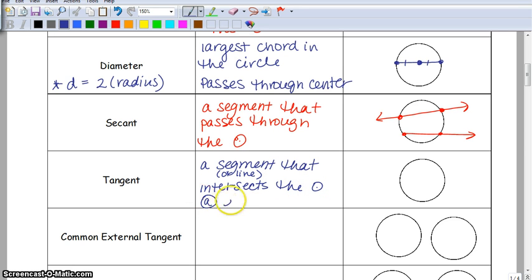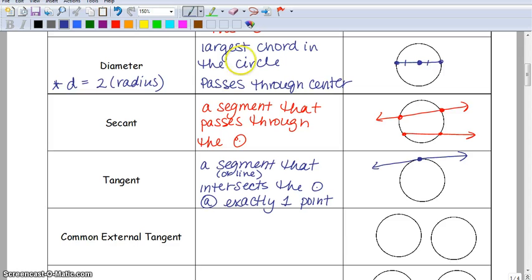Or at exactly one point, however you want to write that. So I always picture like if I were to shoot an arrow, it would skim past that circle and just touch it very, very once. Like if it would skim past the nose and touch the tip of your nose. That's how I think of a tangent.